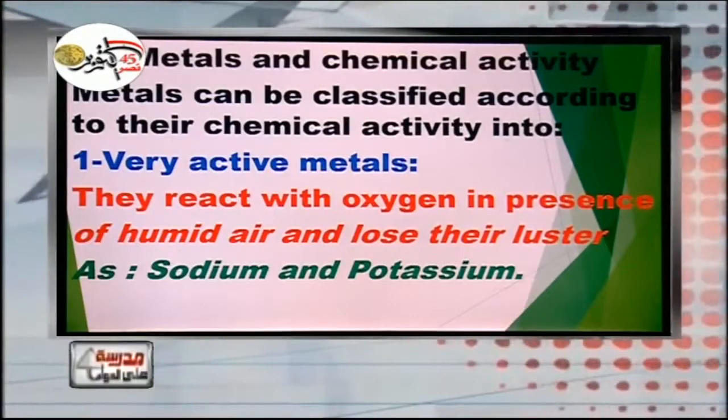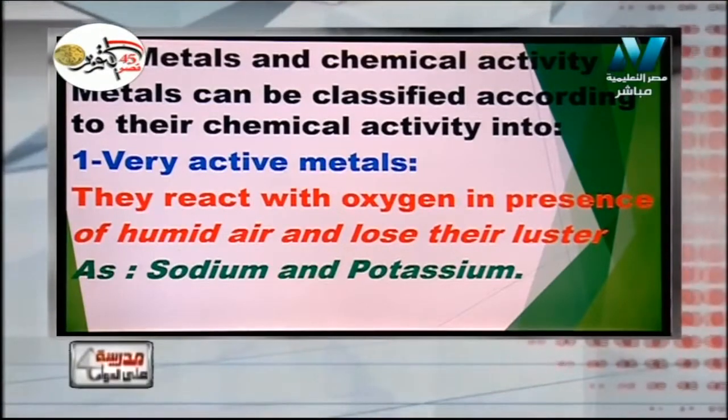So we can't leave sodium and potassium in free air, in the atmosphere. Why? Because they are very active metals. They react with oxygen and lose their luster and get damaged. Sodium will be sodium oxide, not sodium. Potassium will be potassium oxide, not potassium.